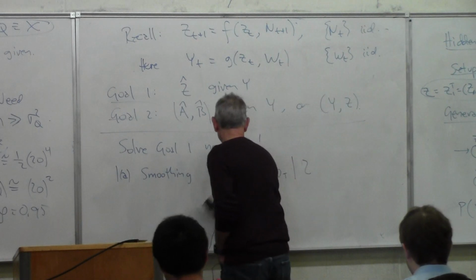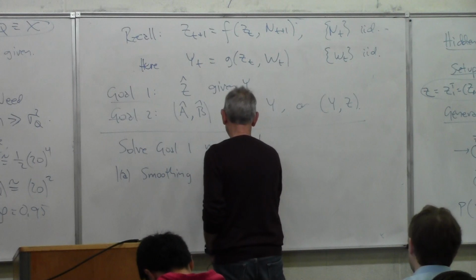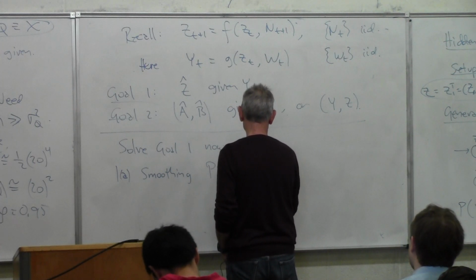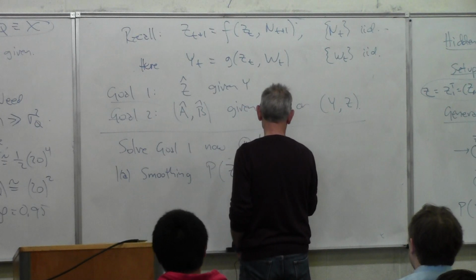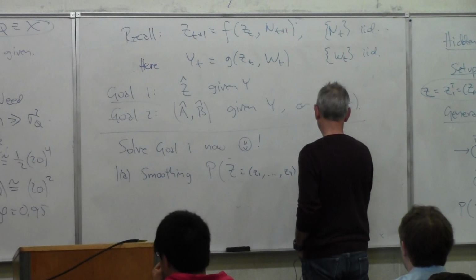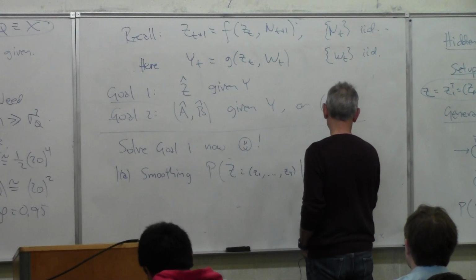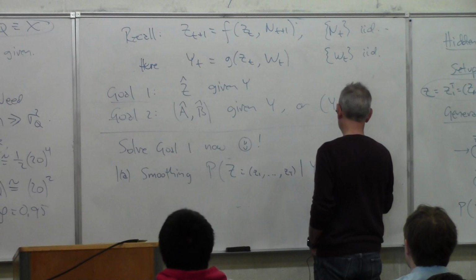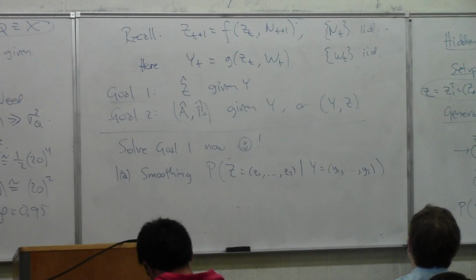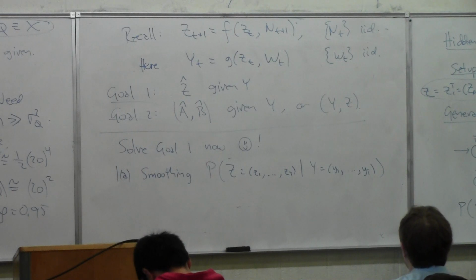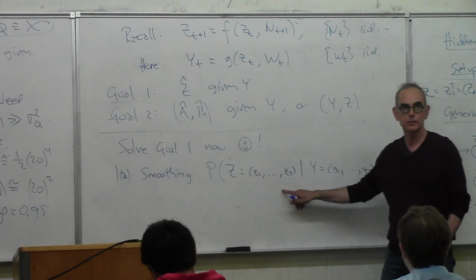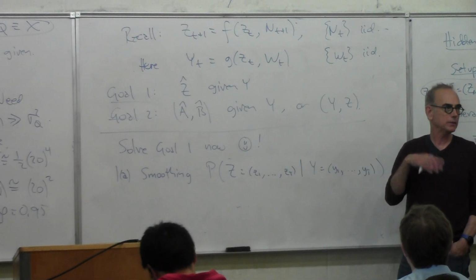So 1a is smoothing. I'd like to know the probability of an entire string, the entire past, maybe going back 6 months.